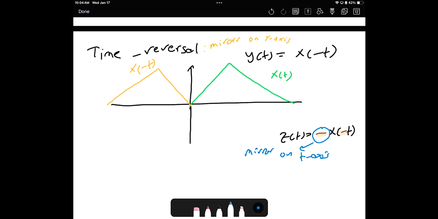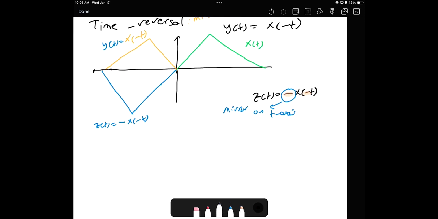And since we have two negatives, we will do a mirror on the t-axis like this. Then this is negative x of negative t, which is 0 of t, and that one is 1. Okay? Does this make sense?